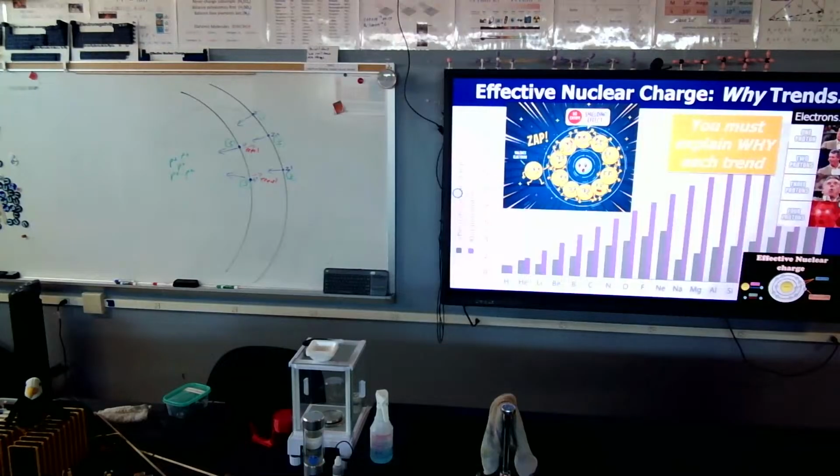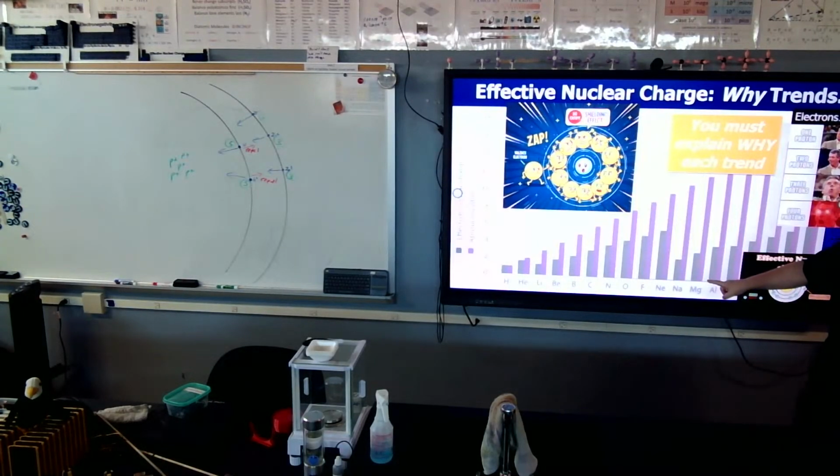Sodium sees 11 protons, but is shielded by the previous noble gas, neon. How many electrons does neon have? 10. Sodium sees 11 protons, but is shielded by 10 electrons. So sodium has an effective nuclear charge, once again, of 1.